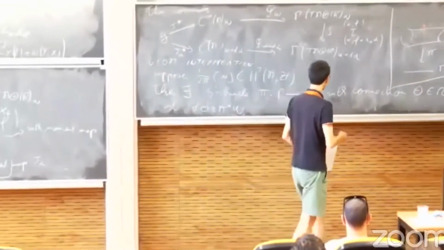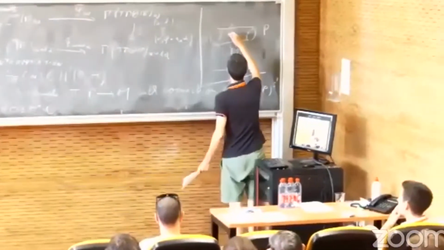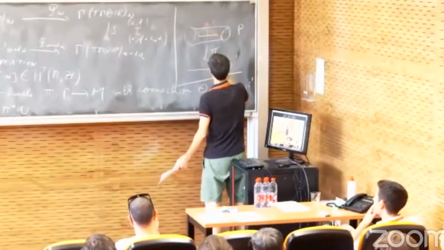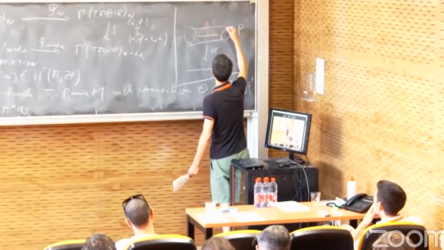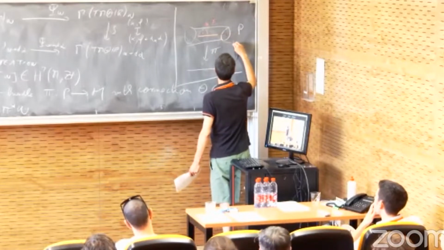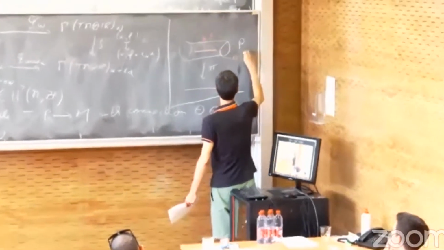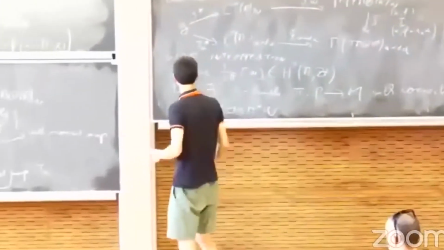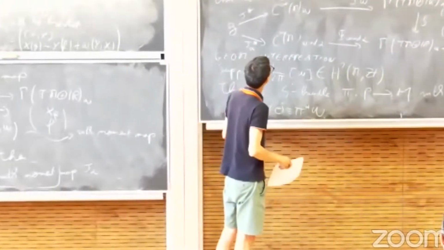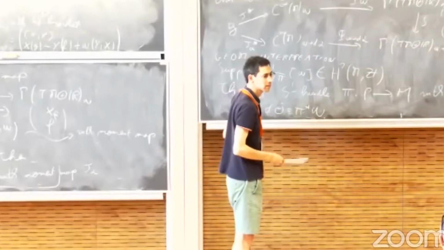The role of the connection is to give you an Ehresmann connection, so a horizontal distribution. This thing in orange is the kernel. That allows you to lift vectors.